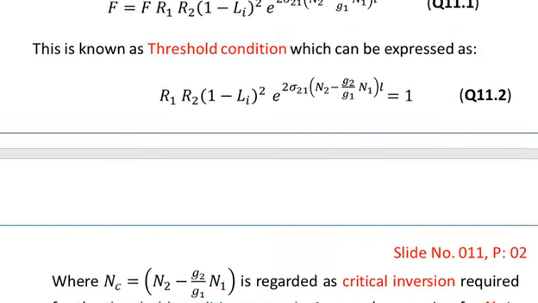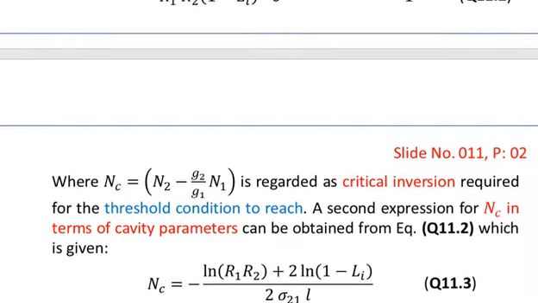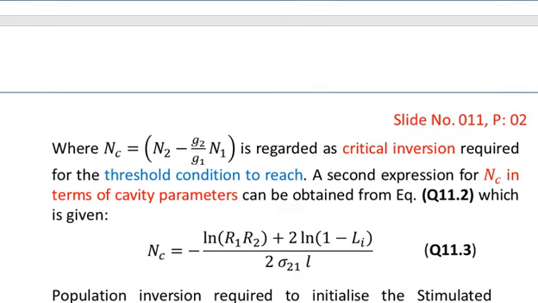If we solve equation 11.2 for the value of N2 minus g2 over g1 times N1, and keep this factor, which we call Nc, on the left hand side, then the right hand side can be written as given in equation number 11.3.